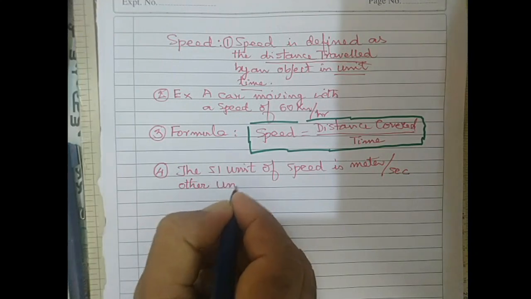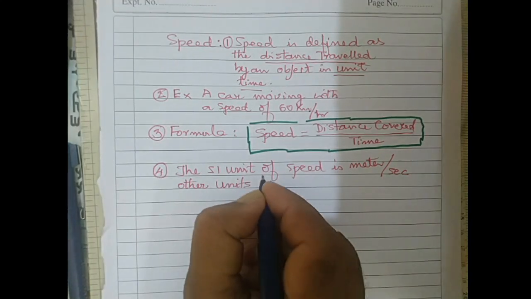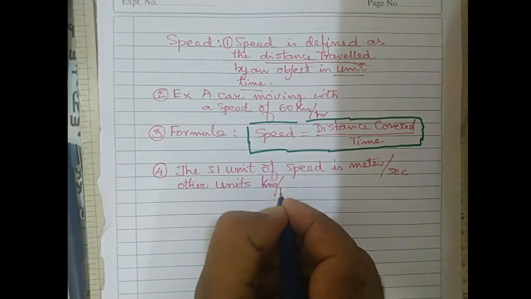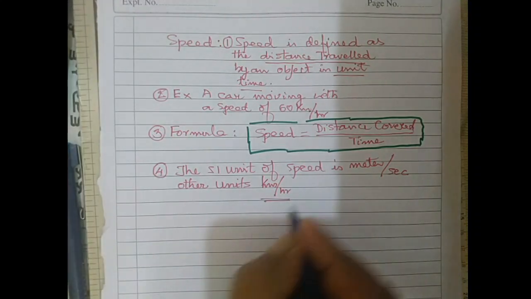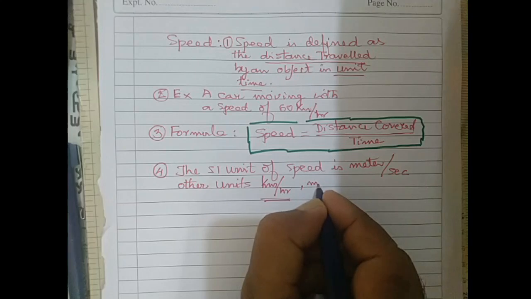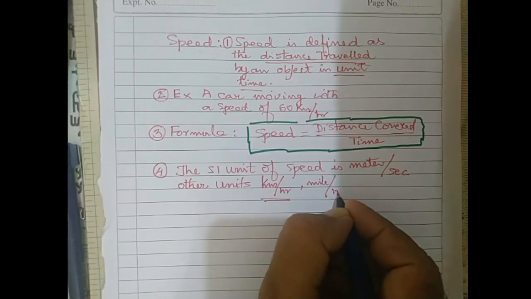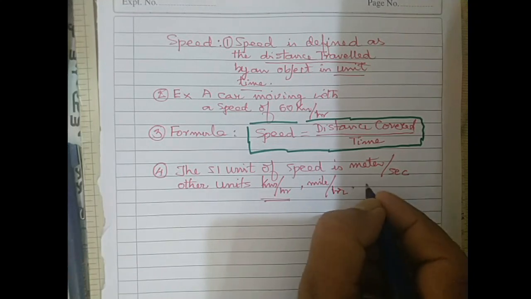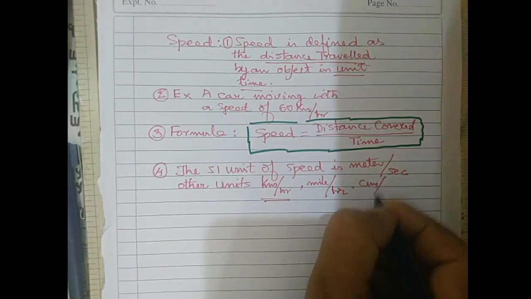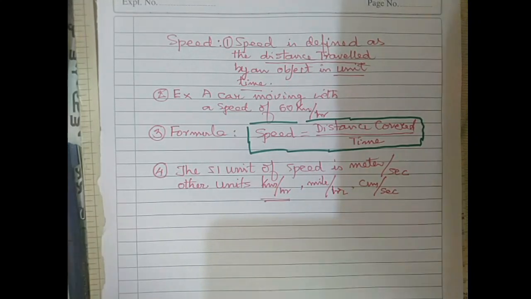Other units are kilometer per hour, which we use in our daily life. In some other countries they use mile per hour, and sometimes in some experiments we will use centimeter per second.